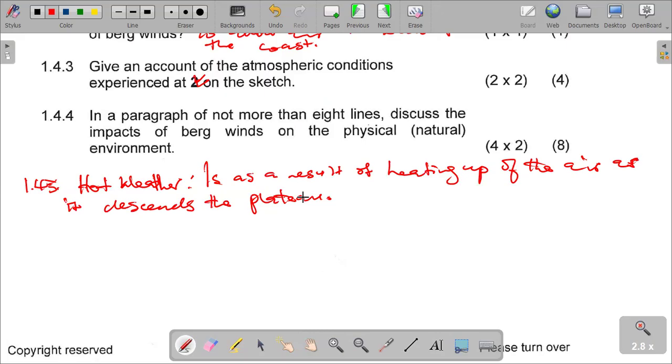And then the air warms up. It moves downhill and is compressed as it warms up.